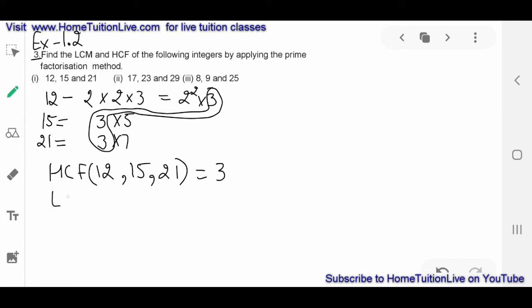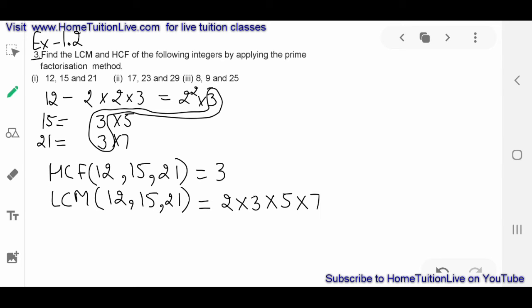Now LCM of 12, 15, 21. We will write all the prime numbers involved in these factors, that is 2, 3, 5 and 7. Now the highest power of 2 is 2, highest power of 3 is 1, highest power of 5 is 1, highest power of 7 is 1.